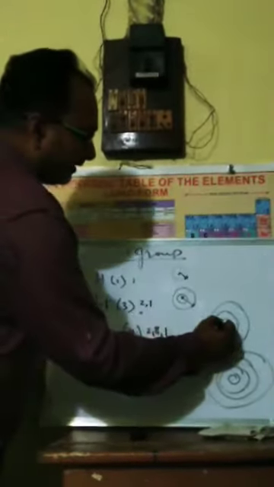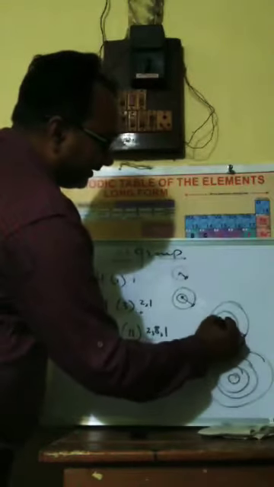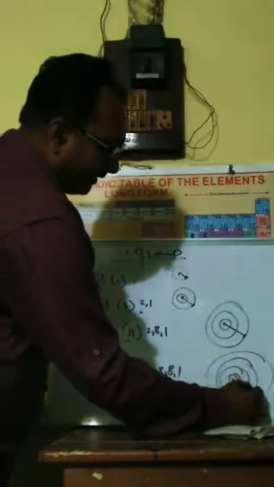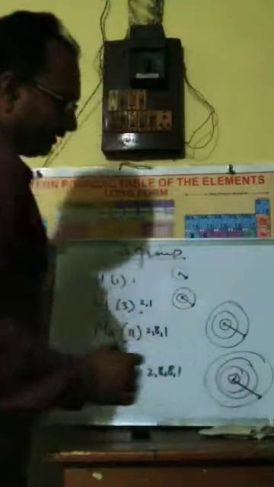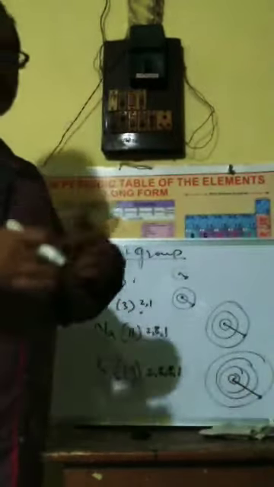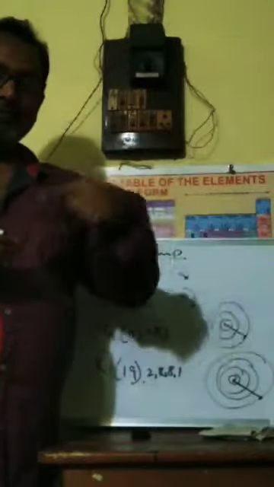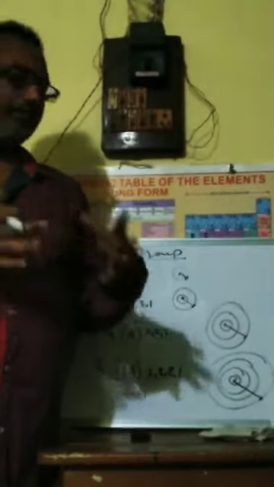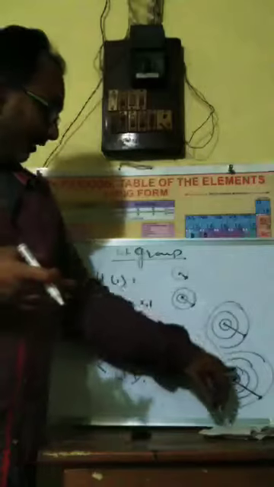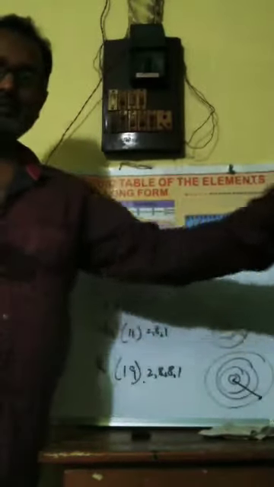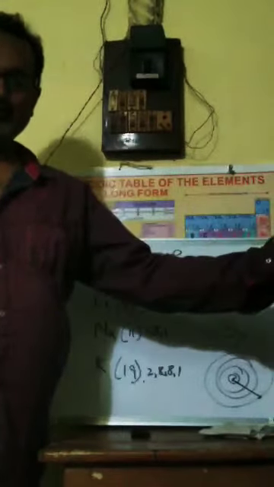Here then 3 shells, the distance again increases. So here again 4 shells, the distance is more. As we move down the group, the number of shells are multiplying. So what happens? The distance of the outermost electron from the center is increasing.